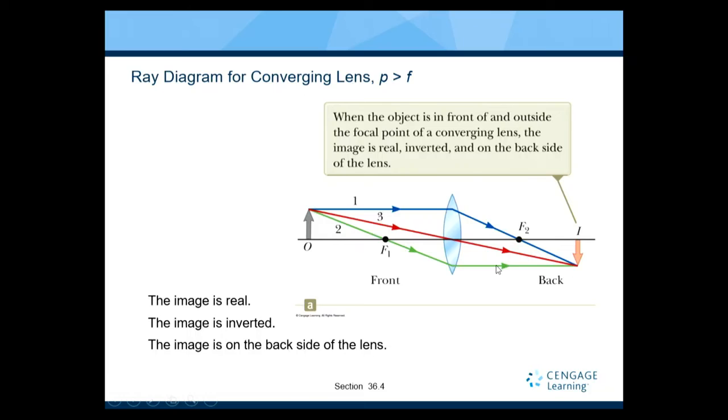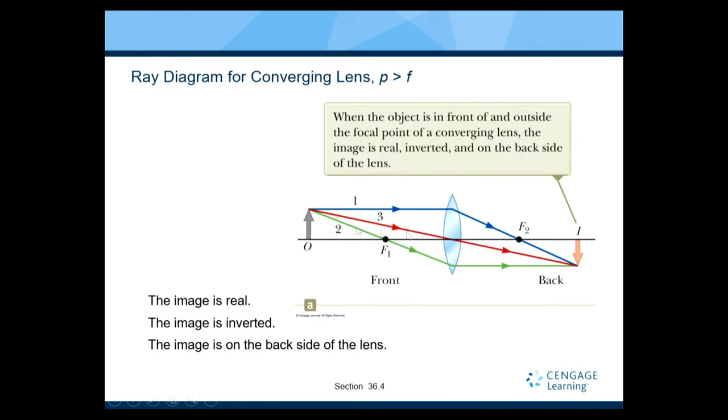The third one is a check. And in this case, if my object is outside of the focal point, the image is going to be real. So I can put a piece of paper there and I can actually see it. It's going to be inverted from the original, and the image will be on the back side of the lens.